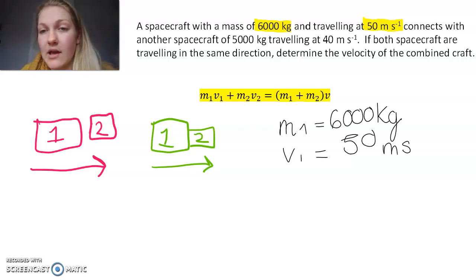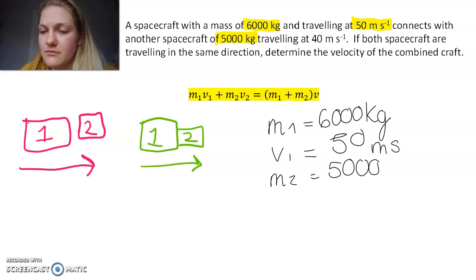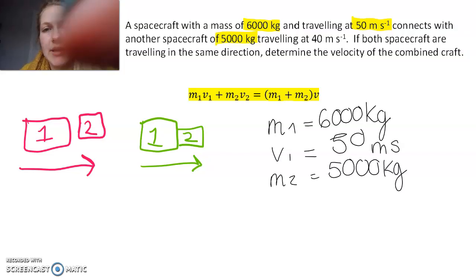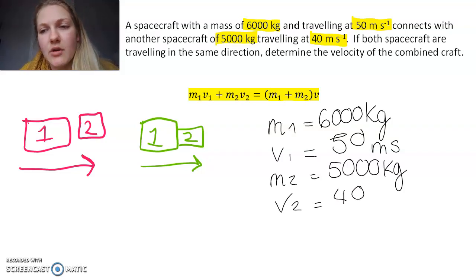We can then get also our M2, which is our 50 kilograms. And then finally we can get our V2 also, which in this case is our 40 meters per second. So in this step, I'm not giving you anything new, I'm just simply writing it out, so it's going to be easier for us to work out.